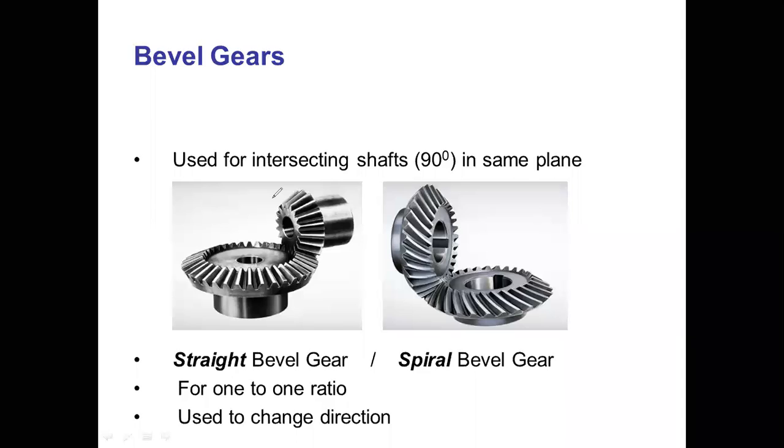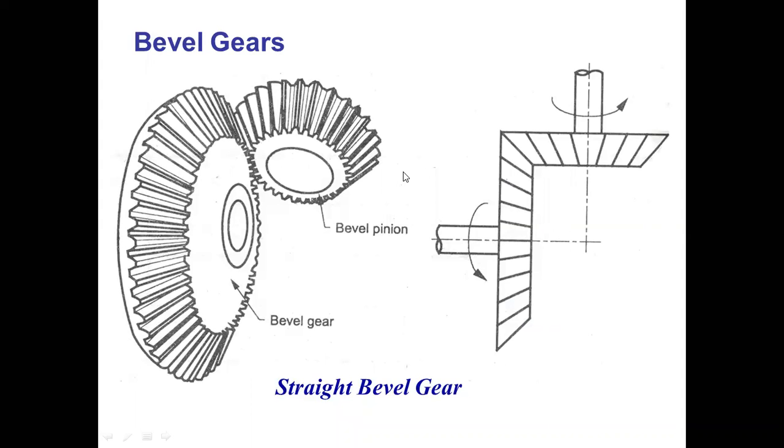If we compare the bevel gear with a helical or spur gear, the space required for a bevel gear is less. And the last one is that the efficiency of the bevel gear is high. These are some advantages of the bevel gear.